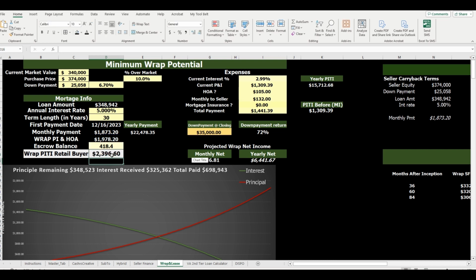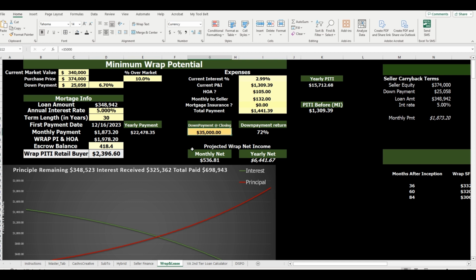They are going to make a payment of $2,400. You have a payment responsibility of $1,441, and now you get to net $536 every single month. This is your net in your pocket.